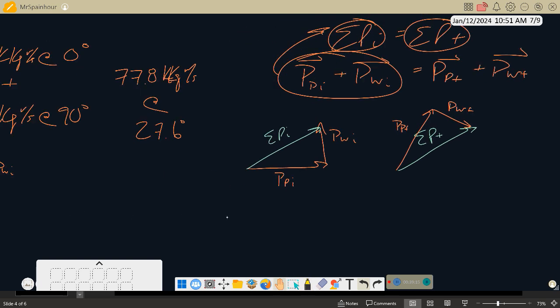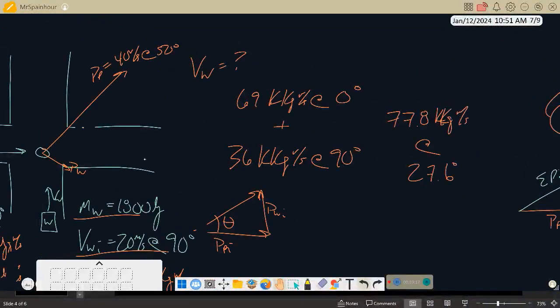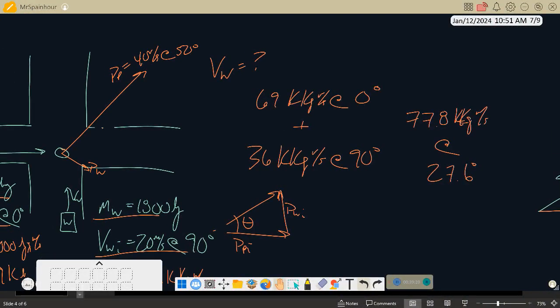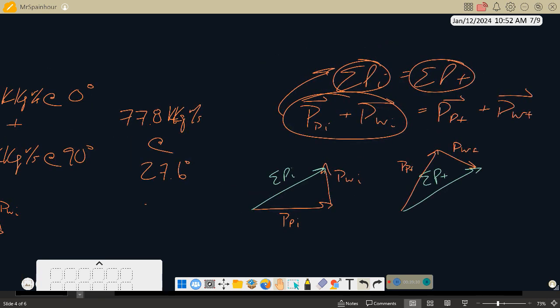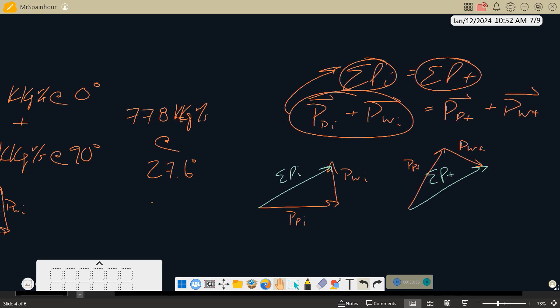In other words, if the Prius bounces off at 50 degrees, we should expect the Wrangler to be going down into the fourth quadrant.